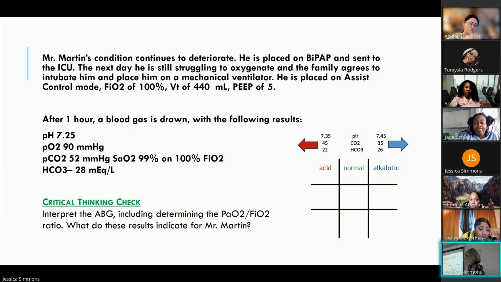Now we're partially compensated. Our PO2 is 90. Our FiO2 is 100.